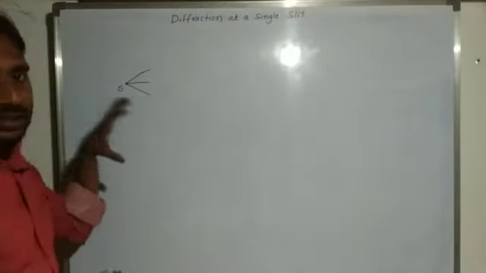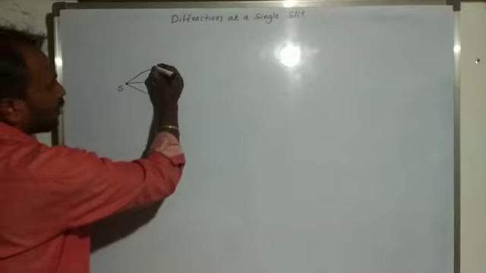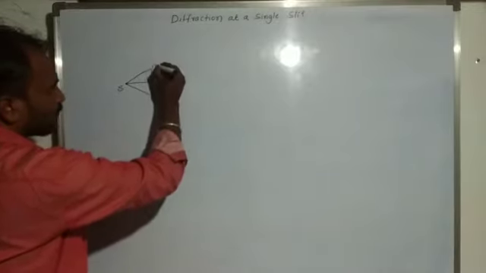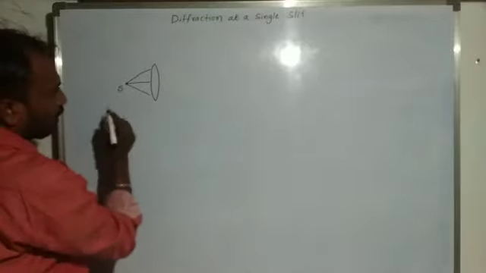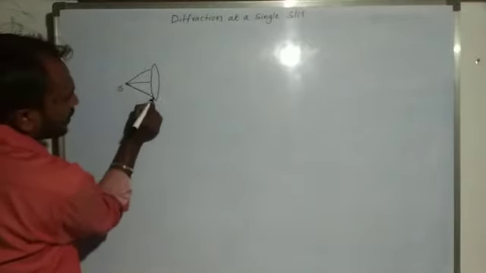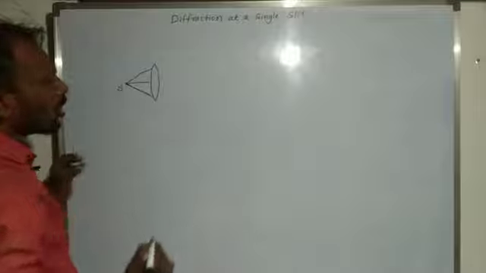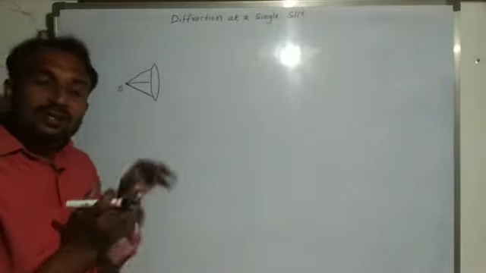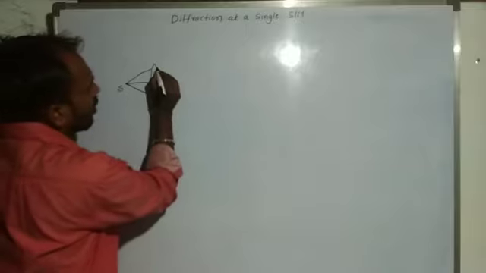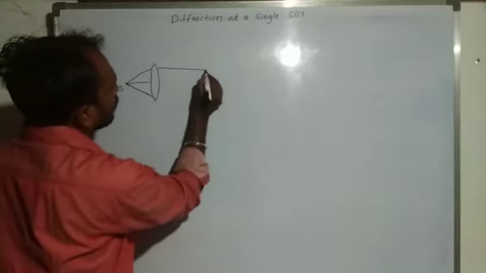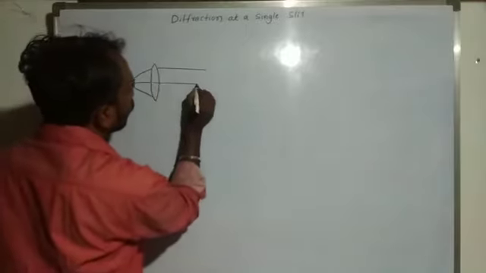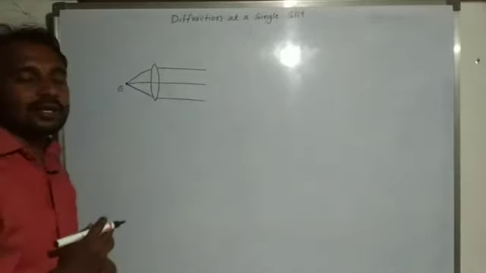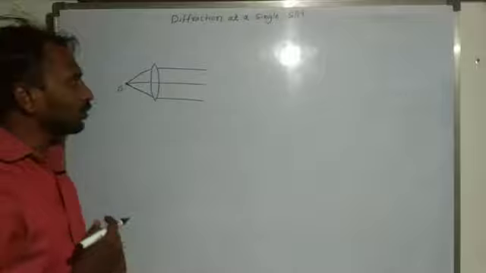When these light rays are incident on a convex lens, then what happens? These light rays are refracted, and these refracted light rays are parallel to each other.